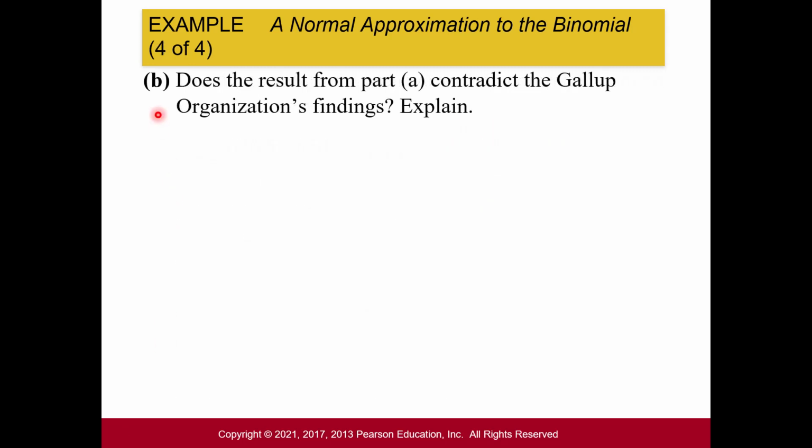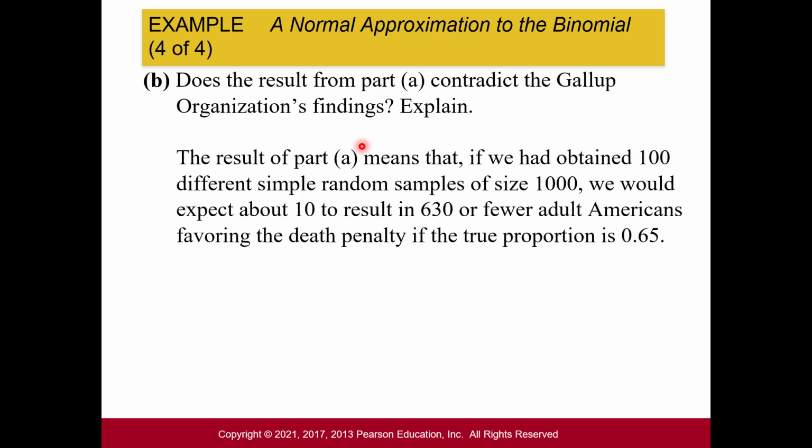Okay, so then we want to know, does this result contradict the Gallup organization's findings? Our result means that if we had 100 different simple random samples of size 1,000, we would expect 10, that was 9.85% rounded, so about 10, to result in 630 or fewer adults favoring the death penalty, if the proportion is in fact true.